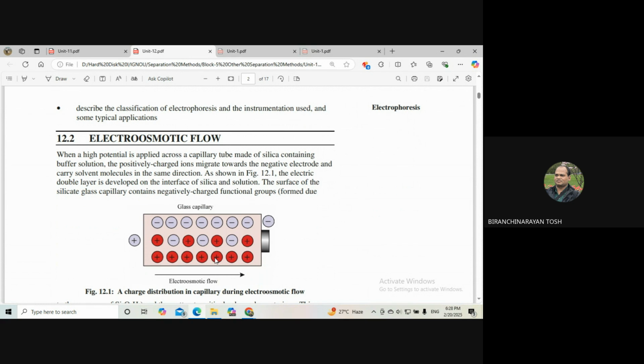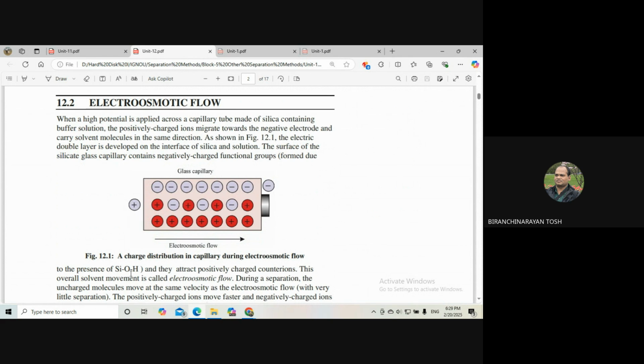The surface of the silicate glass capillary contains negatively charged functional groups, formed due to the presence of silanol Si-OH, and they attract positively charged counter ions.